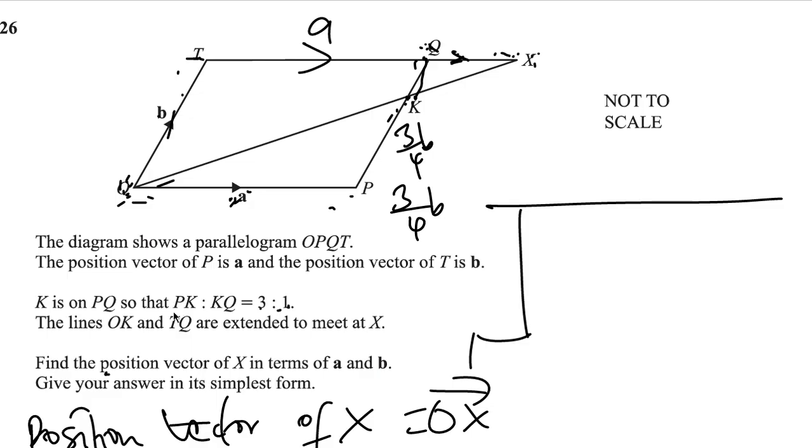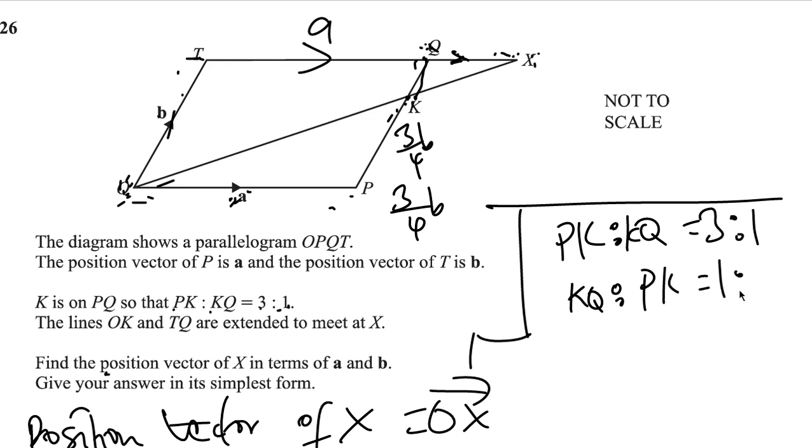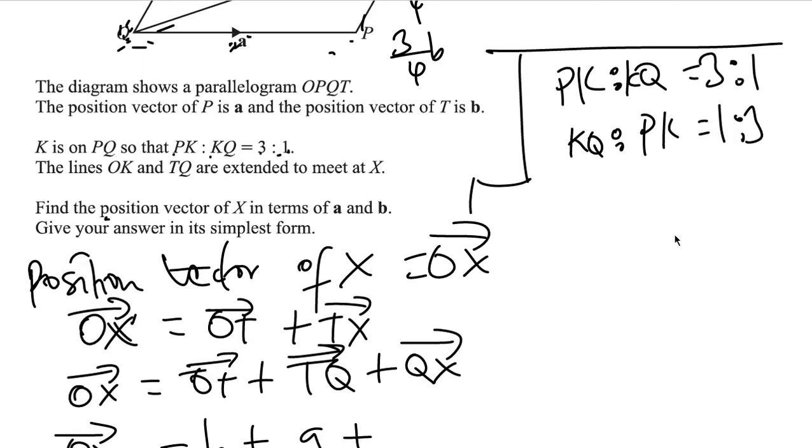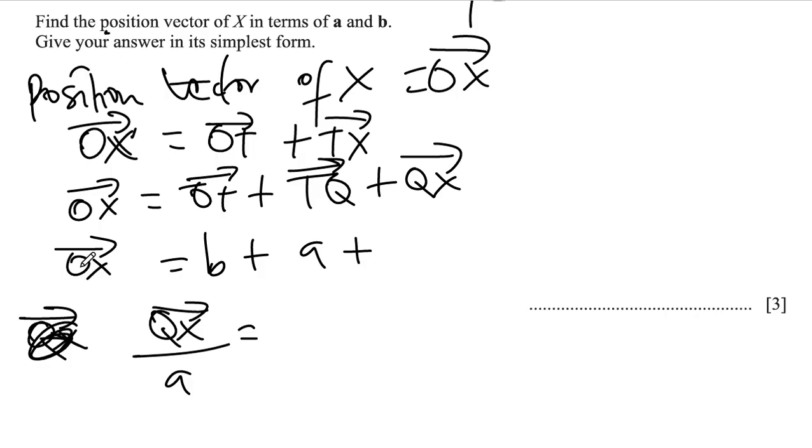In this case, you're given that PK to KQ is 3:1, which implies that KQ to PK is 1:3. KQ, which is this, and PK, which is this, is 1:3. So you say that QX over a is equal to 1/3.